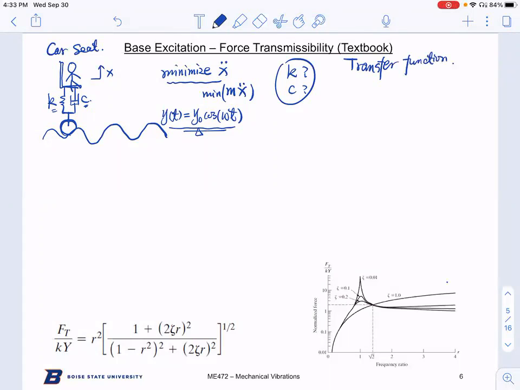In order to get a transfer function, you need to identify your output, and you need to identify your input. In this case, we know your input is going to be your base displacement, because that's why the passenger is going to experience vibrations. The output is going to be x double dot or m x double dot, either the acceleration or inertial force.